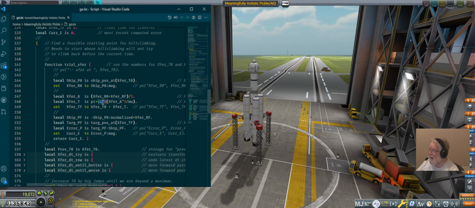Okay, there it is. The total period of the orbit is 2 times pi times the square root of the semi-major axis cubed divided by mu. This is because there's a square-cube law. The square of the period is proportional to the cube of the semi-major axis.